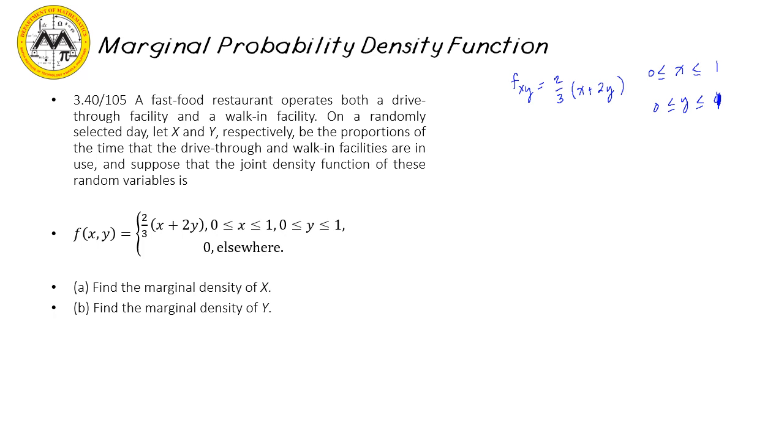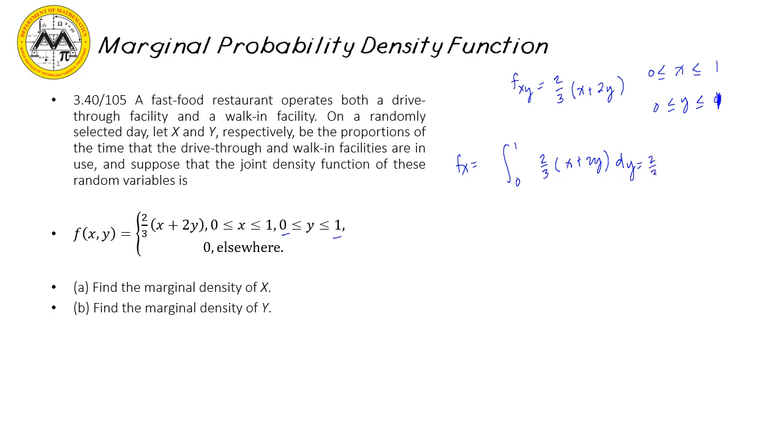For the marginal density for x, it would be the integral over the given limit of y of 2 over 3 (x plus 2y) dy.